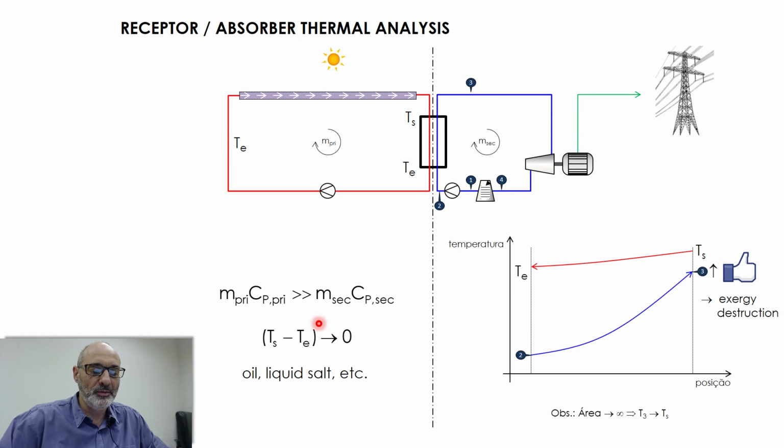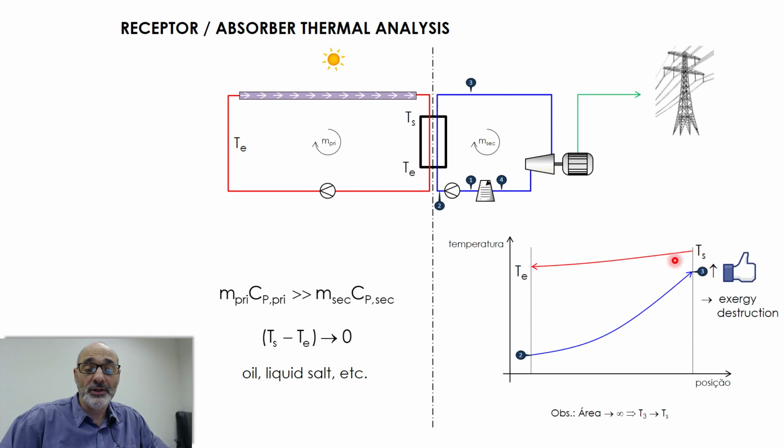The better situation would be something like this. The heat capacity of the primary fluid is much larger than the heat capacity of the secondary. So, in the same analysis, for each energy released from the hot one to the cold one, the temperature drop is smaller than the temperature rise of the secondary.